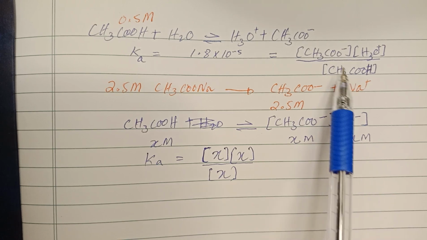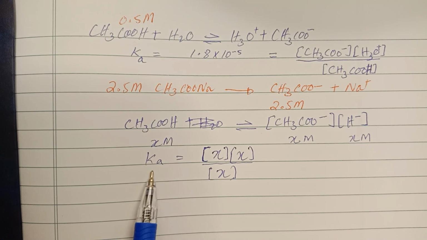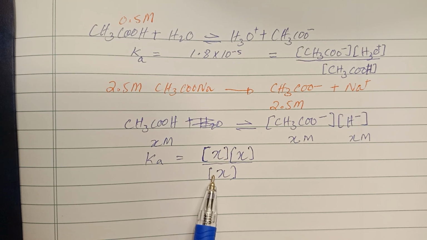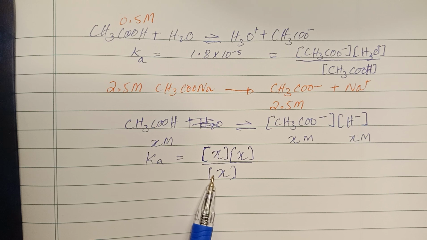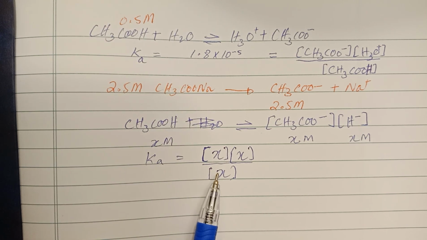So according to this expression, the equilibrium constant is equal to the expression given here before the addition of the sodium acetate salt, but after the addition we get the new expression.